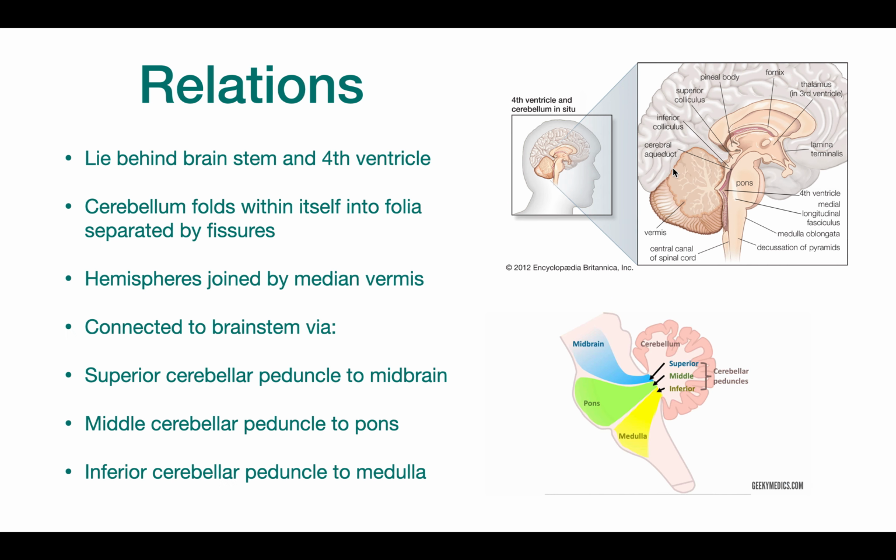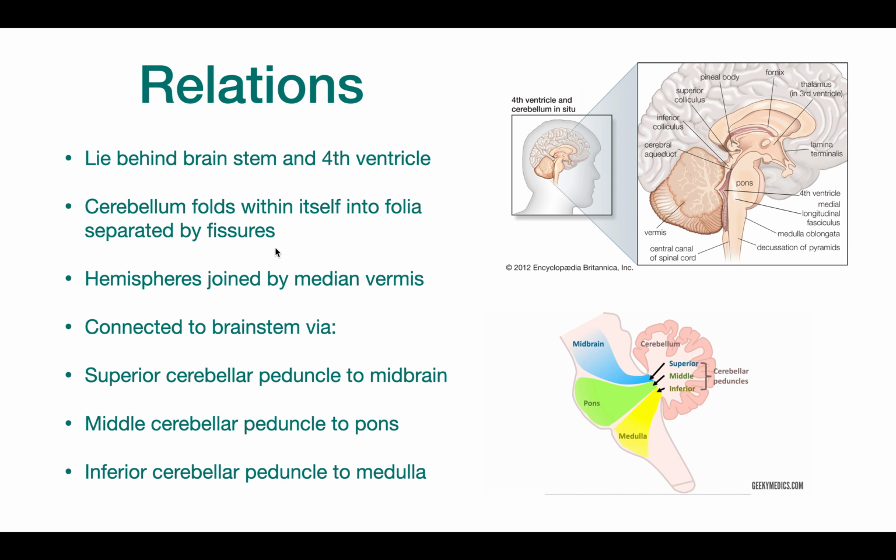The cerebellum lies right behind the brainstem and the fourth ventricle in the base of the brain, and it's folded in on itself with a lot of folds, called folia.